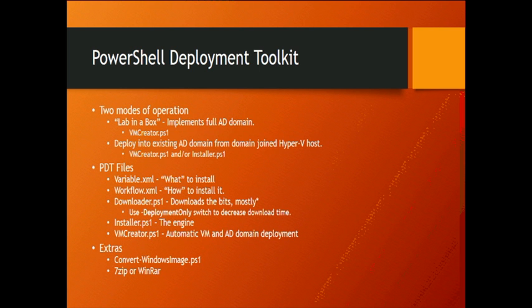Once the VM's deployed, it will set up a complete Active Directory environment. And then once Active Directory is up and operational, it will start the rest of the VMs that are part of your System Center lab, and then join the VMs to your domain. Once all the VMs are a part of your domain, the installer will kick off and do the rest of the installation of System Center. So it's really kind of a one-click lab in a box.